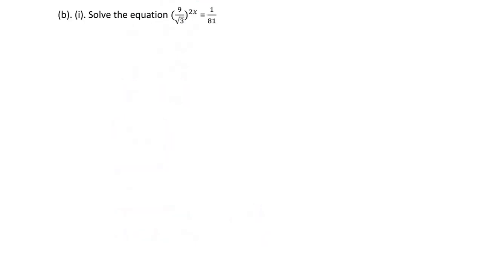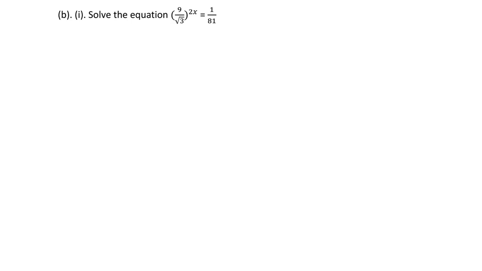Part B of the question, Roman 1: solve the equation 9 over under root 3 power 2x equals 1 over 81. Okay, so this is the exponential problem, and to solve the problem, we need to express both sides in the same base so that we can compare the exponents.